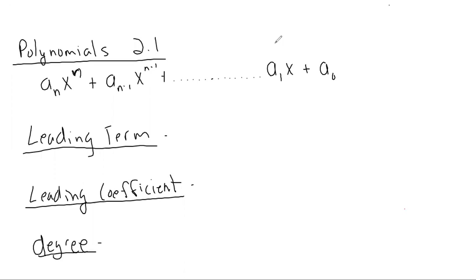Okay, so all of these in red are called terms. And the number out in front of each term, those in purple, are your coefficients.